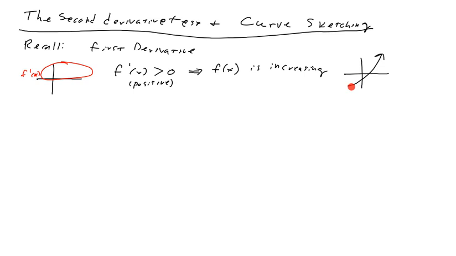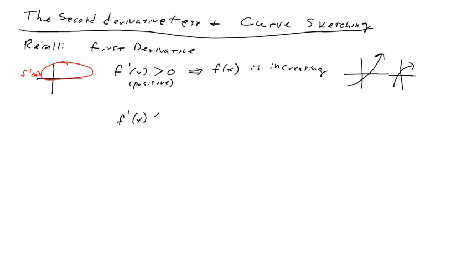Look at this though: f can be in the negative section. It doesn't matter as long as it's increasing. The graph is growing. Could be growing like this, could be growing like this. It's increasing either way, going up. Our graph is increasing if f prime is in this positive zone.